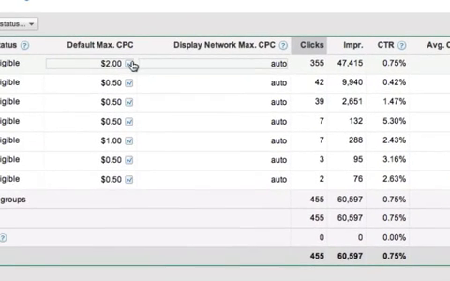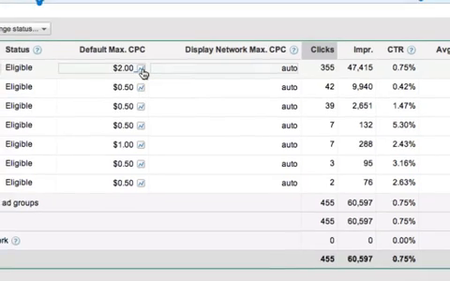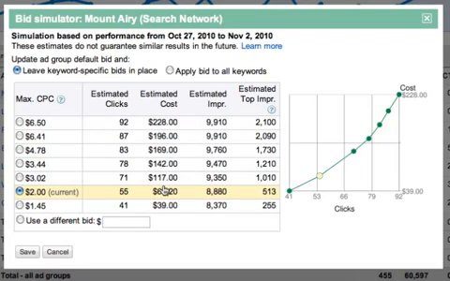And when you look at this, there's a little indicator right beside the budget called a bid simulator, and it shows you where the opportunity is in your account, where you're showing relative to how much traffic is actually available. So if we look at this for Mount Airy, it takes the last 7-day period. And what they do is they show you where you are in relation to how many clicks or impressions are available.